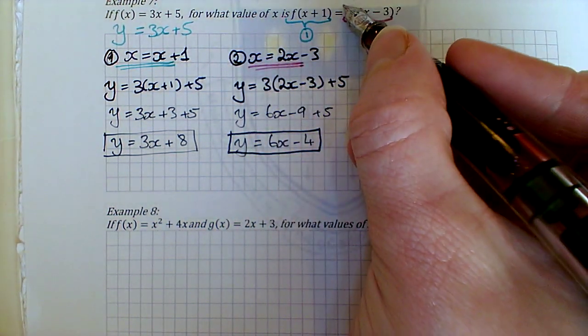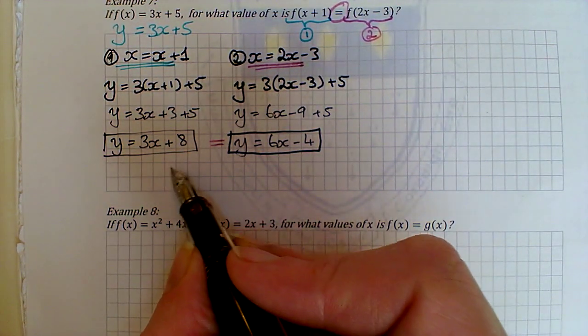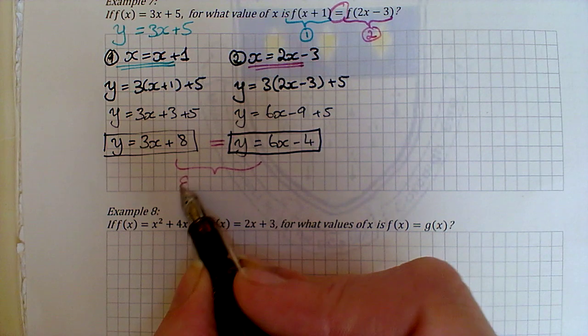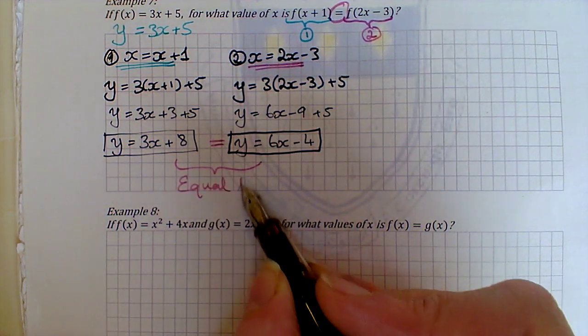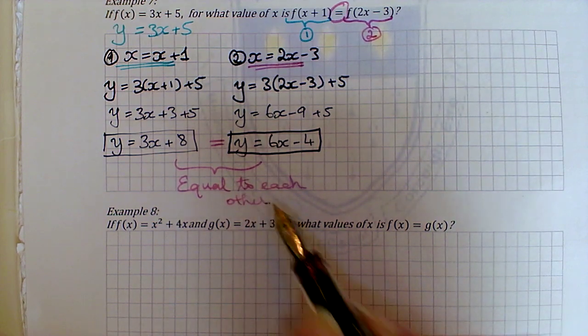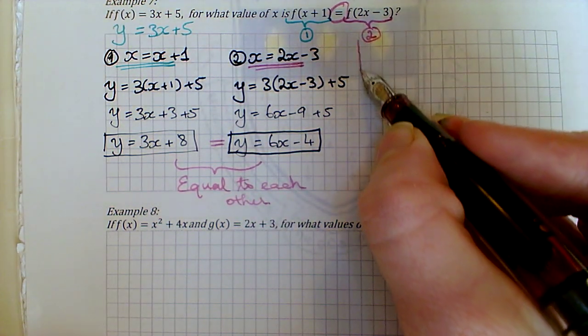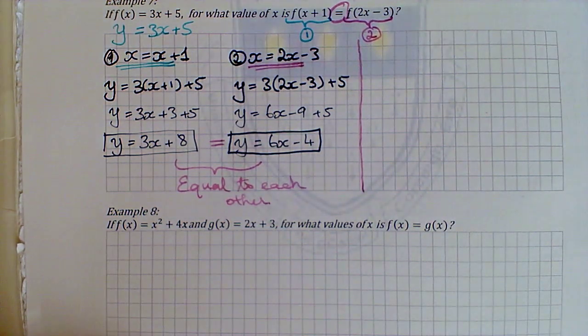Now, it said they're equal. They're both equal to y, so they're both equal to each other. So because of that, I can go ahead, set them equal to each other, and have an equation with one unknown that I solve.